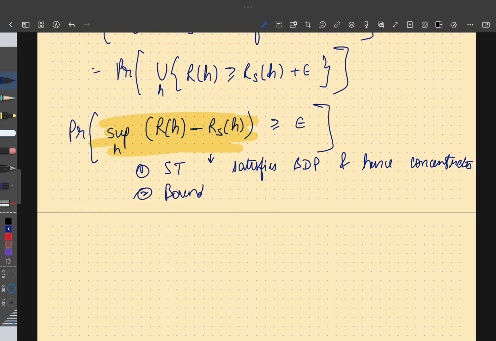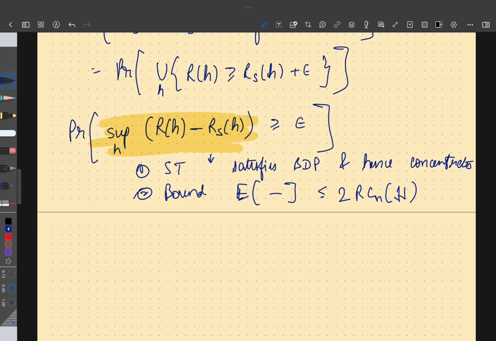So then we will bound the expected value of this particular quantity. And we'll see that we can upper bound the expectation in terms of the Rademacher complexity. In fact, we'll show that this is less than or equal to 2 times the Rademacher complexity of H. So that's another operational interpretation of the Rademacher complexity.